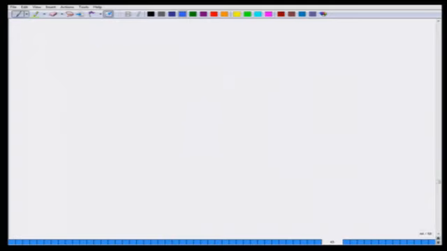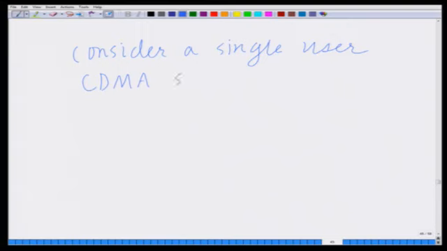For this purpose, consider a single user CDMA system. Let us denote the single user by user 0. So, we are calling this user as user 0.